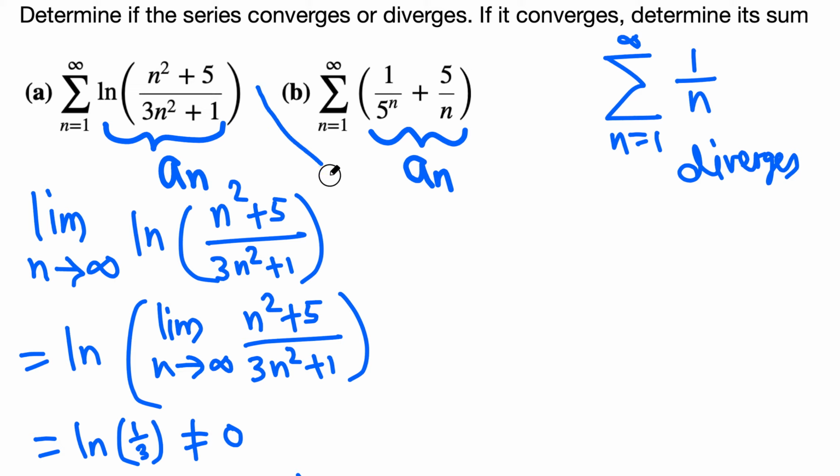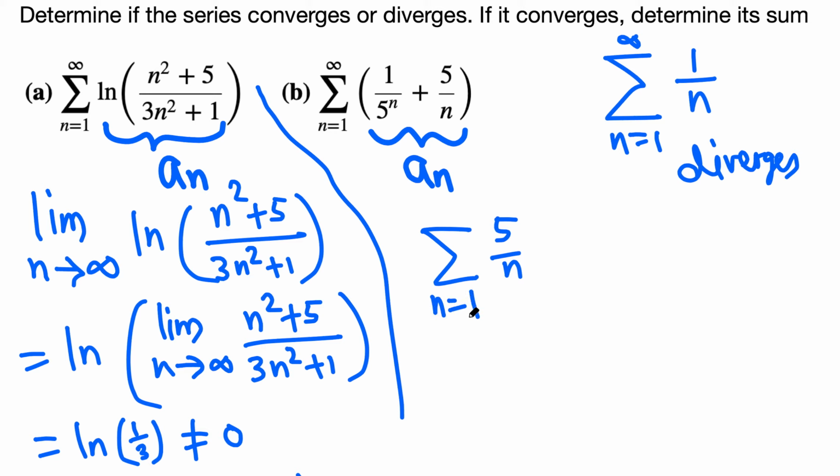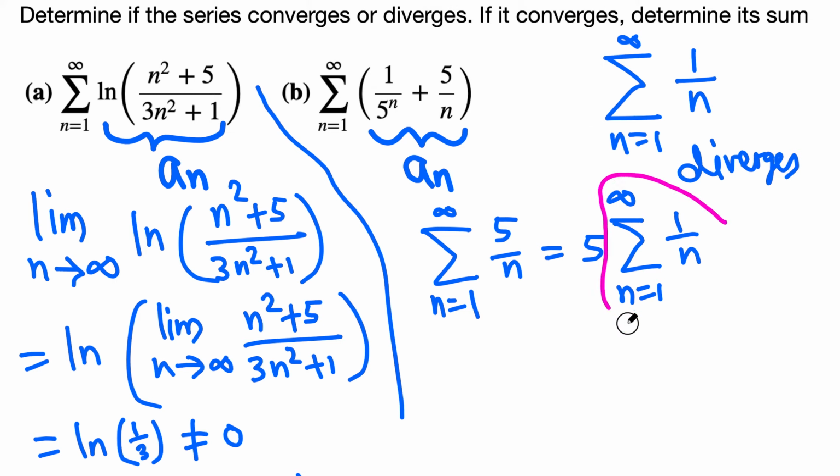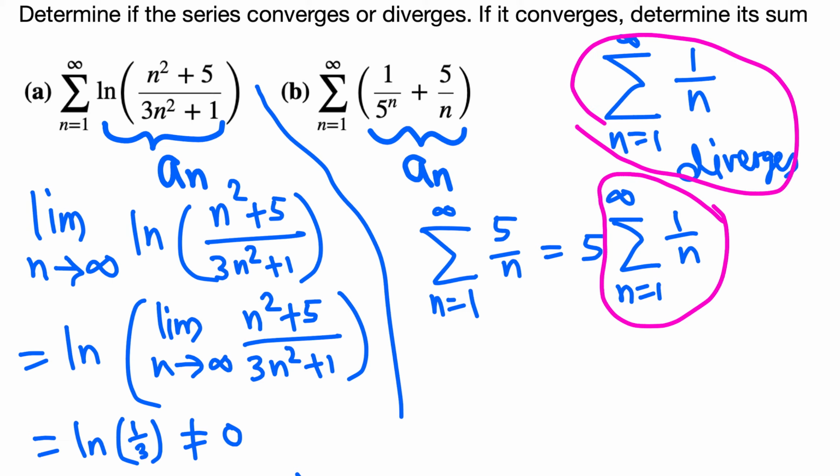So here if we just look at 5 over n from any positive number to infinity, in fact, we can pull 5 outside, 1 over n from 1 through infinity. And if we look at it closely, now this is the harmonic series, and this diverges.